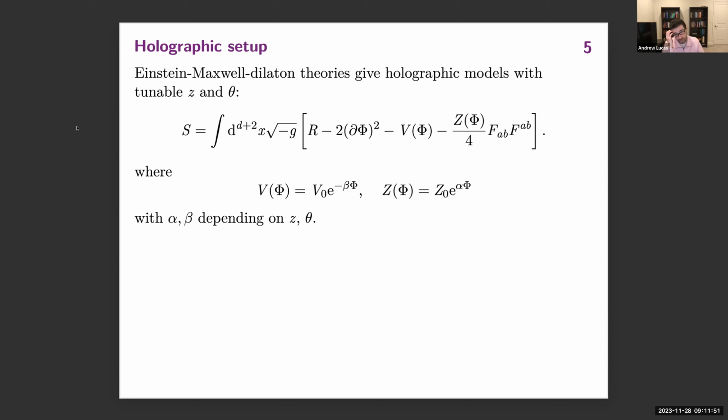So we assume that our bulk effective description has a metric, a scalar field phi called the dilaton, and a gauge field with flux F. This is, by now, a fairly standard construction in the field for building theories that have these tunable z and theta exponents. And the precise choices of alpha and beta just tell you the exponents z and theta that you'll get.